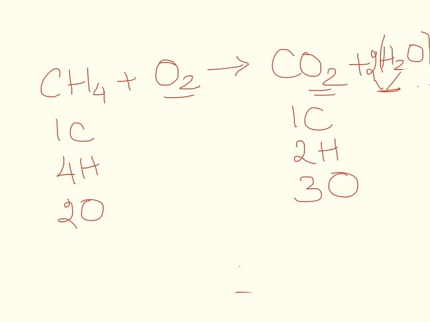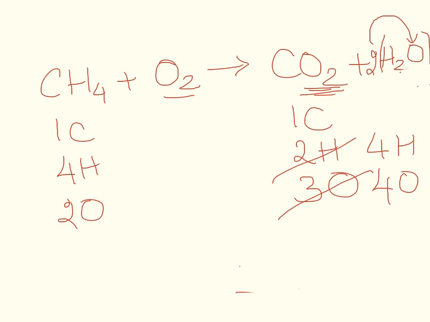So now what happens? 2 multiplied by 2, so there are 2 hydrogen atoms in 1 water molecule, and 2 water molecules, so totally now there are 4 hydrogen atoms. And what did that do to the oxygen? Now we have 2 oxygen atoms plus 2 oxygen atoms. So now there are 4 oxygen atoms, right?